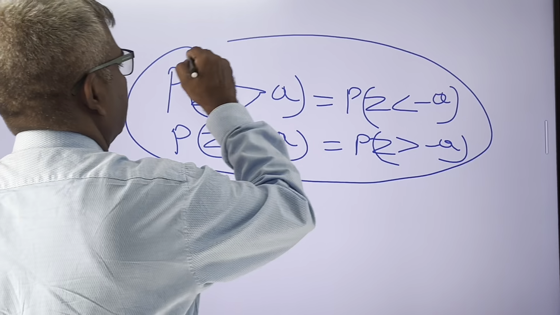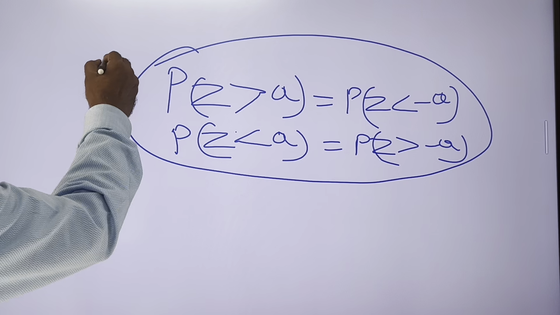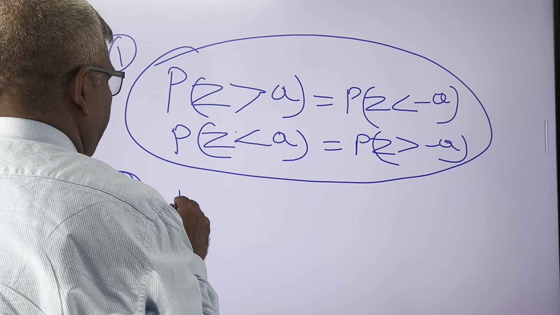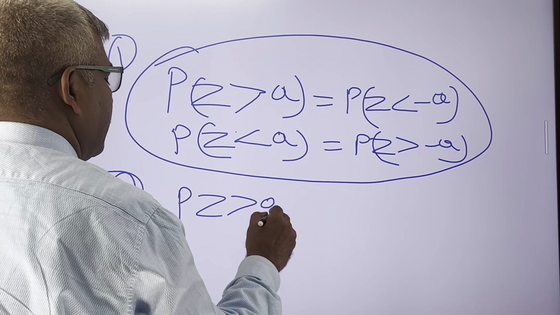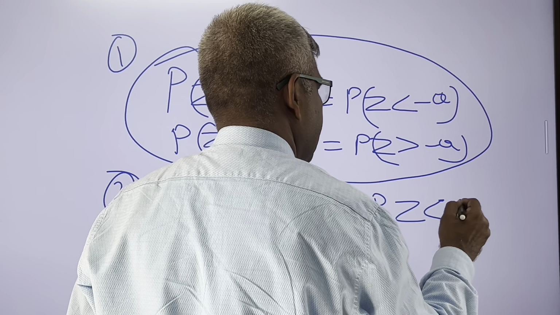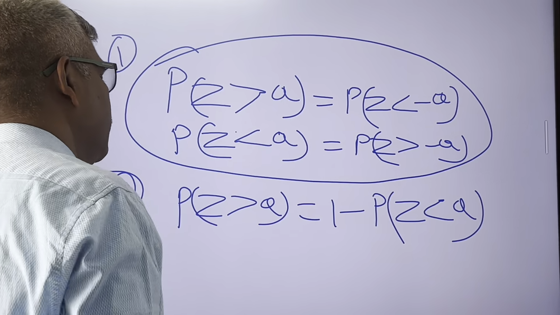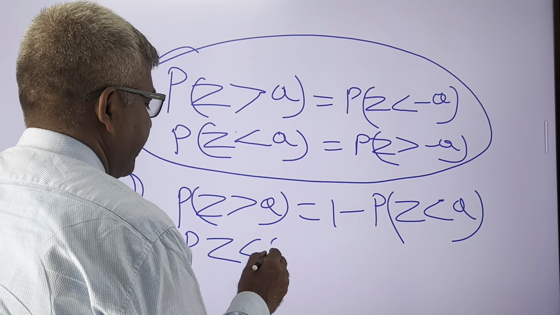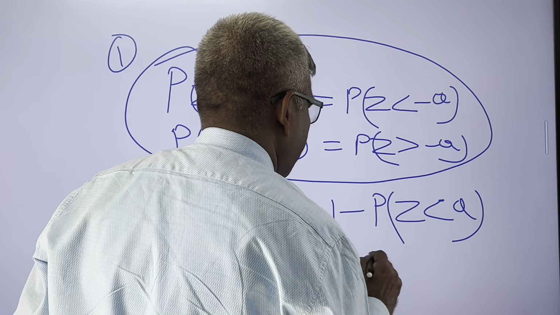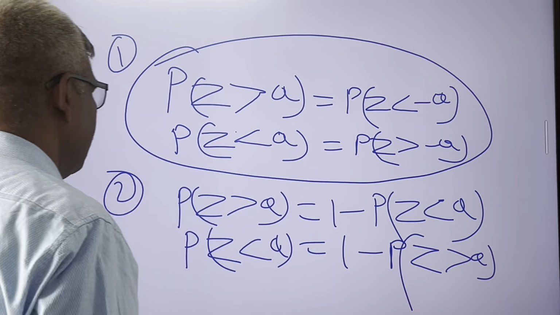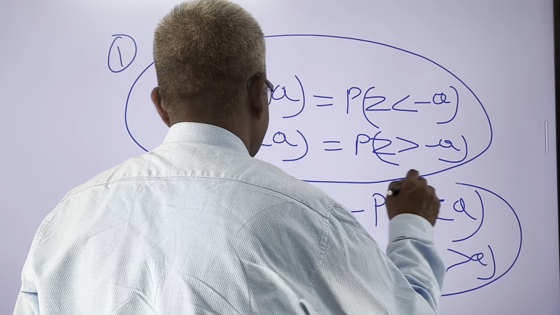Number one. Okay, this is the one formula. Second formula, probability of Z is greater than A is equal to 1 minus probability of Z is less than A. Probability of Z is less than A is equal to 1 minus probability of Z is greater than A. The second formula.